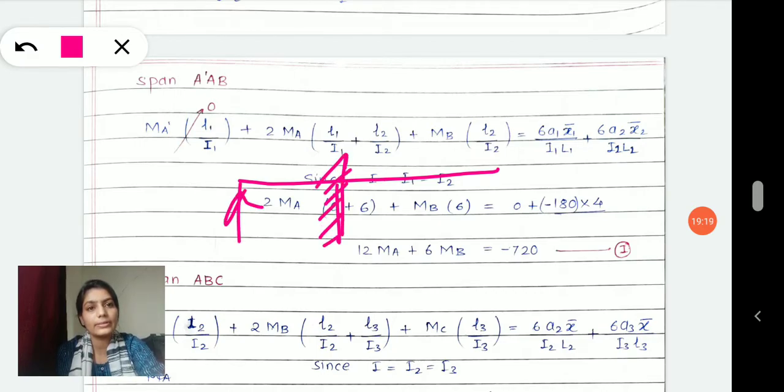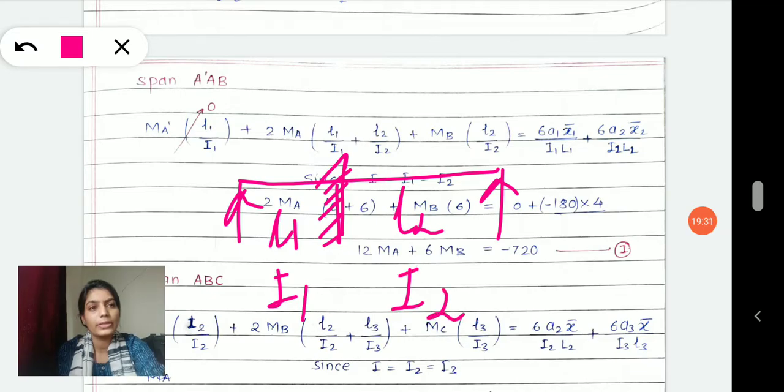Here one support, 1 2 3. This will be L1, giving you I1, this will be your L2 providing you I2. And A2 will be the area for this span, which will be the area of this bending moment diagram. That is minus 180.